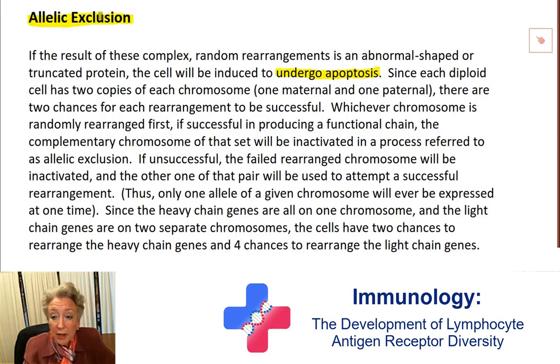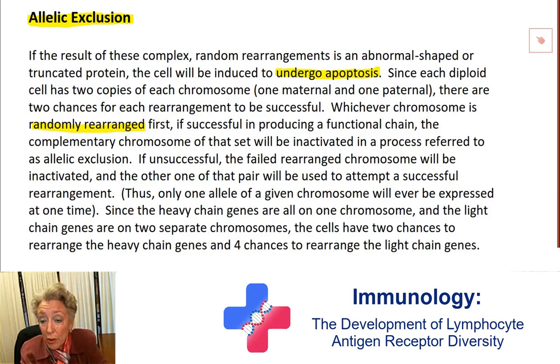The reason being that the cell has multiple possibilities of doing this right. If the cell randomly rearranges the paternal chromosome first and makes a goof and cannot make a productive protein, then that chromosome would be shut off, but then the complementary one of that pair would be used to try again.